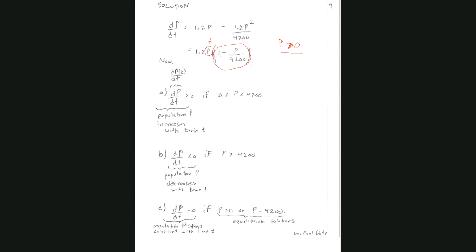Let me just zoom out a little bit here. The derivative, dP/dt. Let me just clear this for the moment. The derivative is going to be greater than 0 if P is between 0 and 4,200.